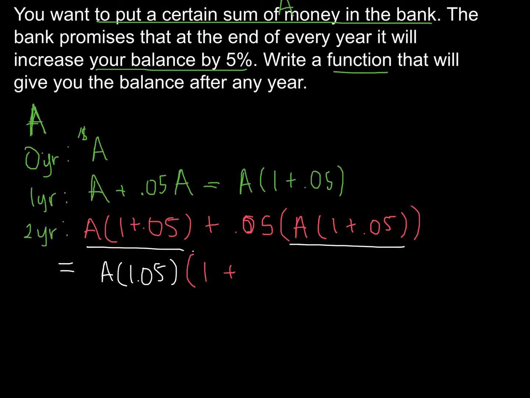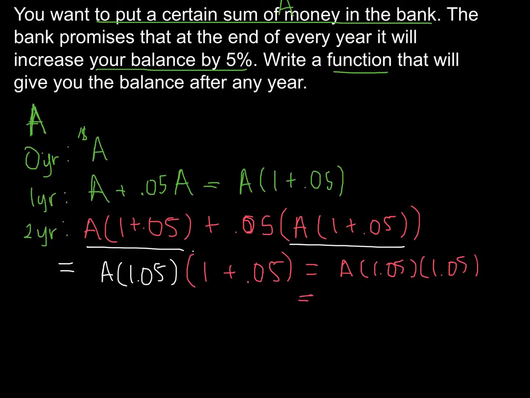There's 0.05 of them. And to make this even more simple, we can write this as A times 1.05 times 1.05.